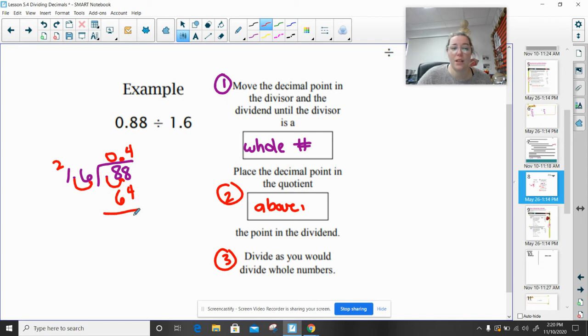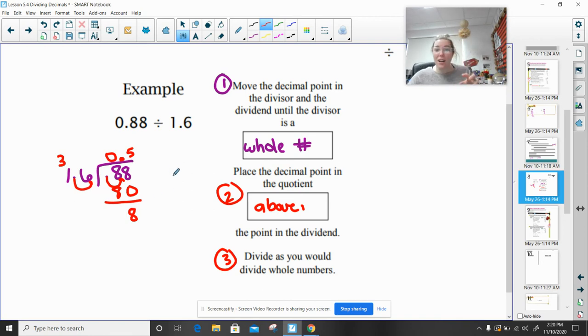I subtract and get 24. What? Okay, you guys, I'm a nightmare right now. Let's try 5 and see if I'm not a nightmare right now. So 5 times 6 is 30. 5 times 1 is 5, 6, 7, 8. And I subtract and get 8.